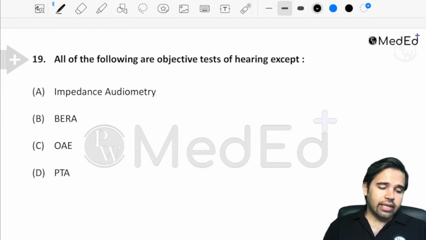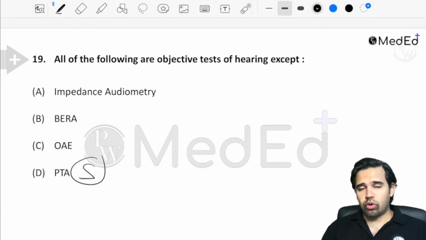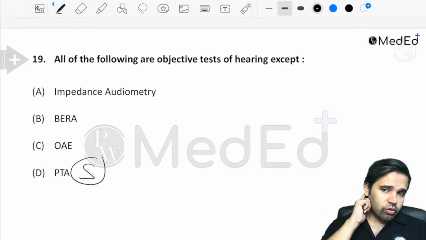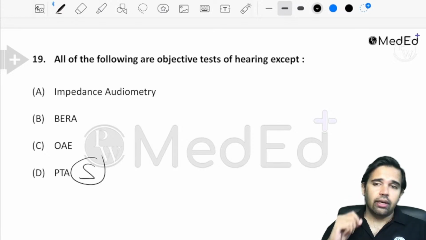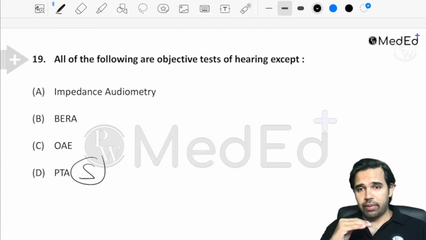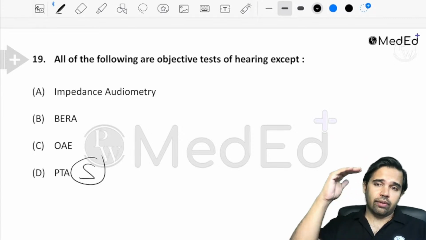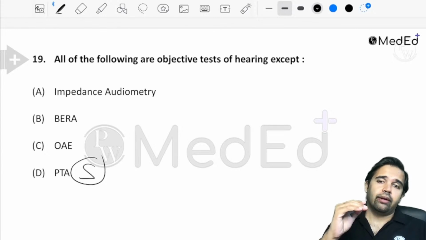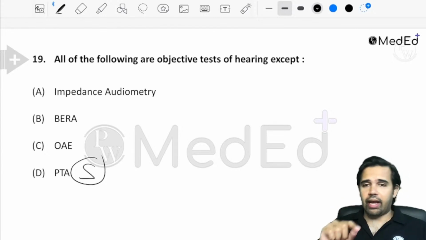Like pure tone audiometry is a subjective test over here, because in pure tone audiometry you put the patient in a soundproof room, you give them sound through the bone and through the ear, and you are basically testing thresholds. If the patient cannot hear below a particular point, they stop hearing, they have to lift a finger, and then someone is plotting it on a graph.